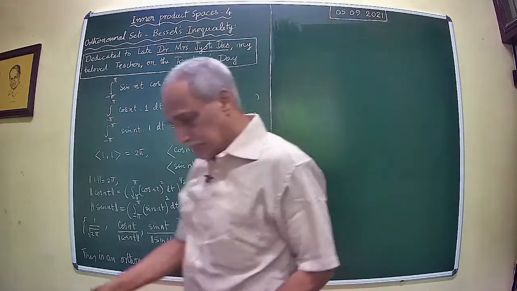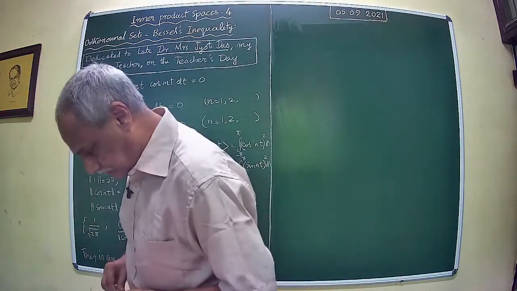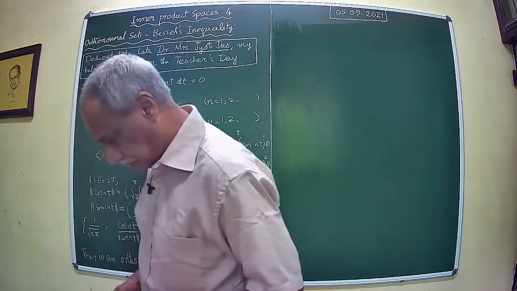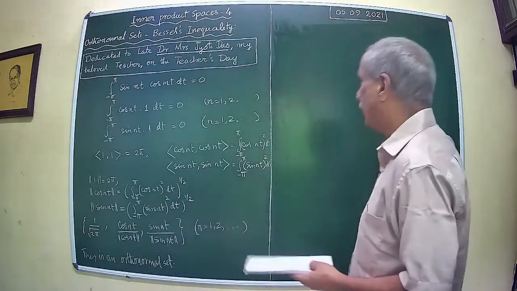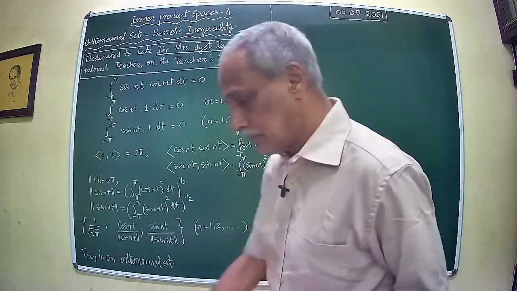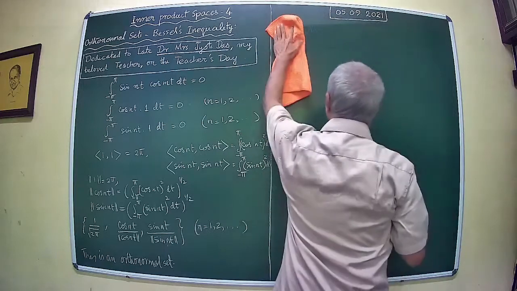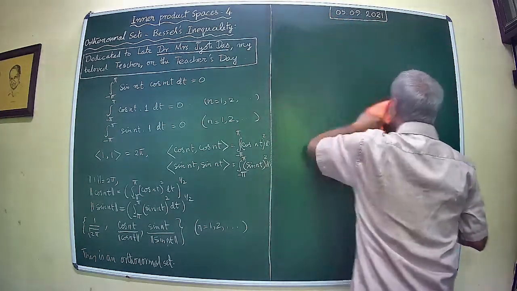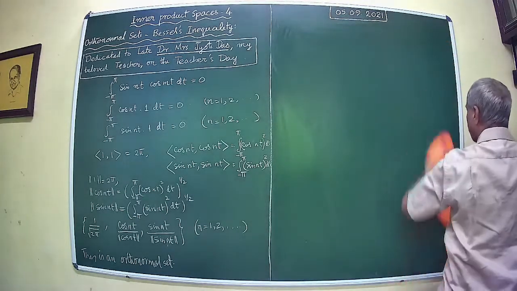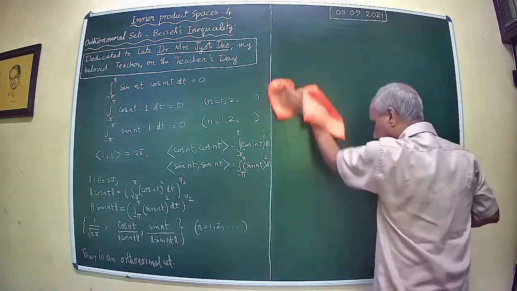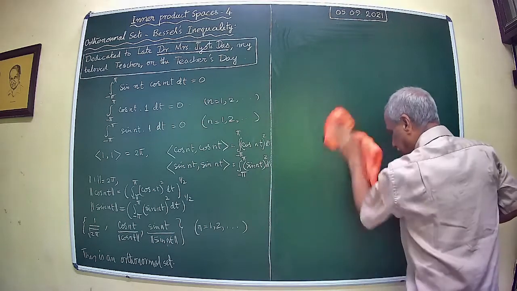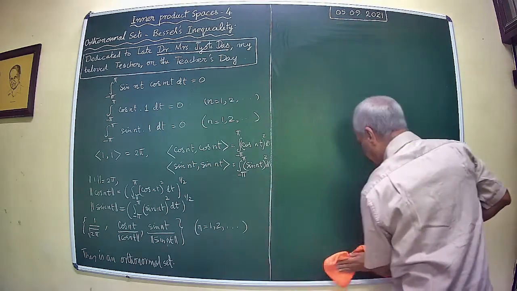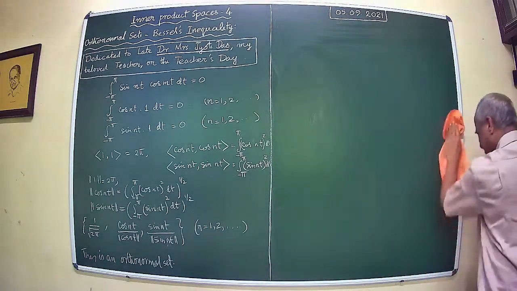That's the result that we want to prove. Okay, so we make a special mention: it's not necessarily the standard basis that becomes orthonormal, but in every vector space there are several orthonormal sets that you can possibly have in an inner product space.